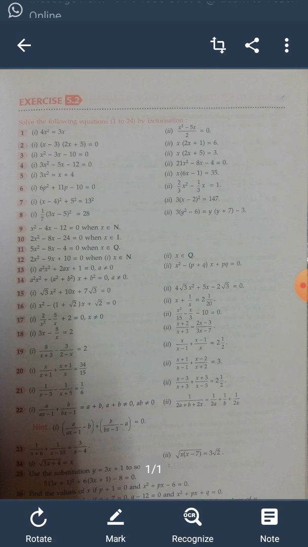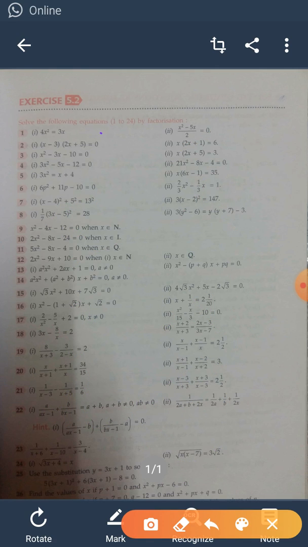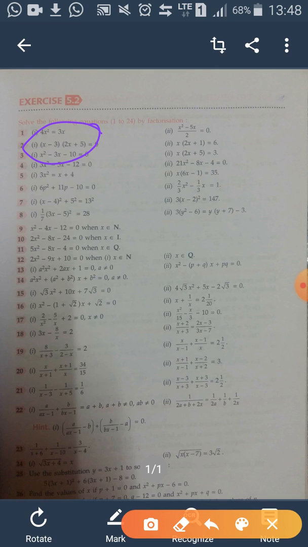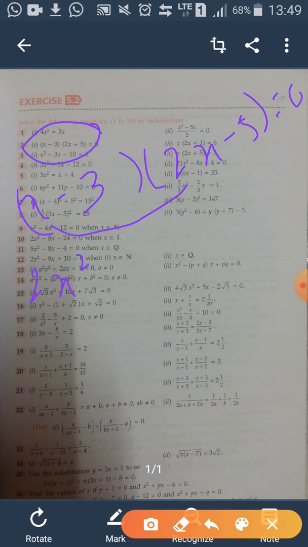Now we move on to sum number 2's 1. 2's 1 is x minus 3 into 2x minus 5 is equal to 0. So first we will multiply x into 2x, which is 2x square. X into minus 5 is minus 5x. Minus 3 into 2x is minus 6x.